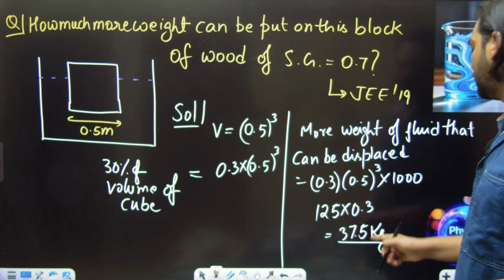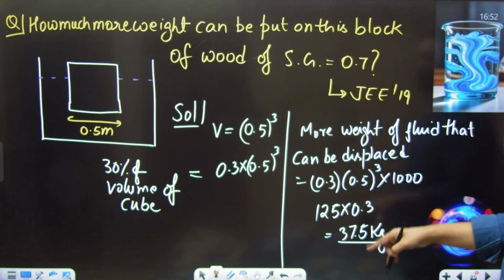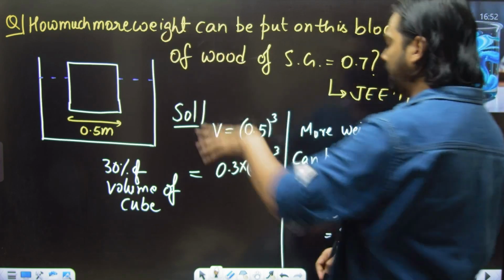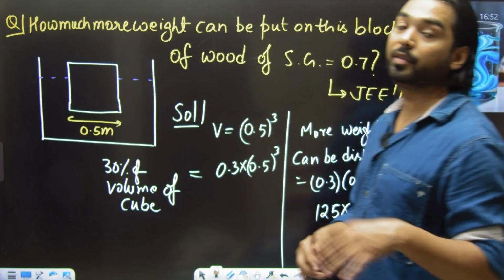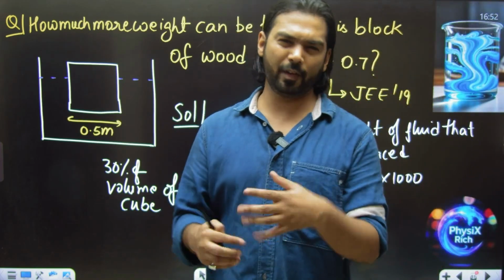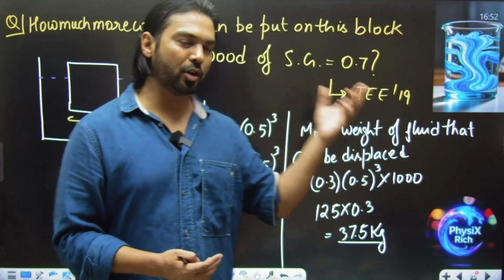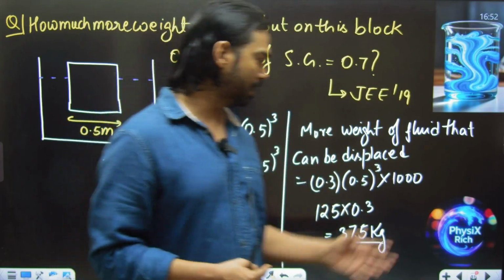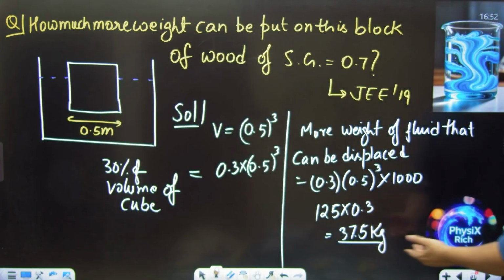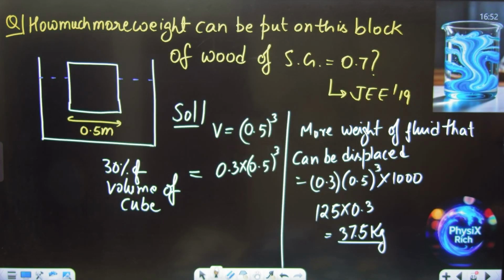That much, 37.5 kg of mass can be put. And if he's asking weight, then weight will be just 37.5 times 10. Okay, so your answer becomes 375 Newton. Or if he wants to be more accurate, you can look for the options if he wants you to multiply it with 9.8, which I don't think he will want, but okay. You can multiply it with 9.8 or 10 depending upon the requirement.